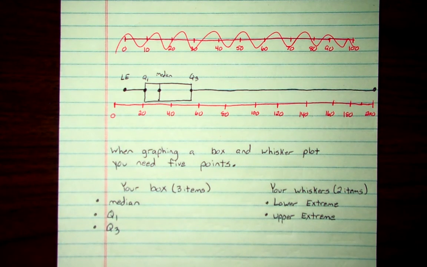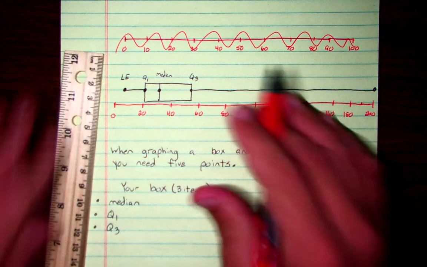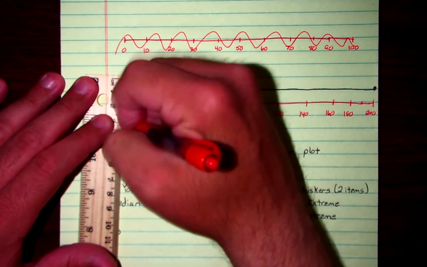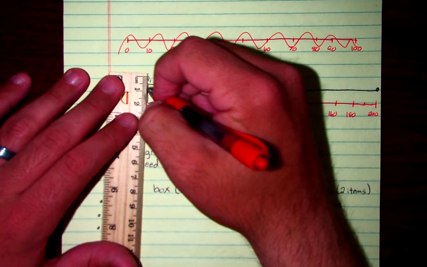Alright, and now we're going to talk about there being 4, what's the right word? Your box and whisker plot has 4 data sections, I should say. I'm going to say it sections off into 4 quartiles. Okay, so we haven't learned this yet, but I just want to show it to you so you can at least see it. This first section, here to here, that is your first section.